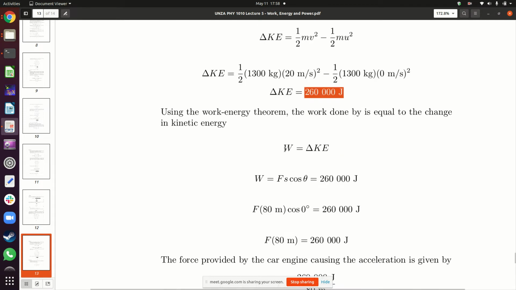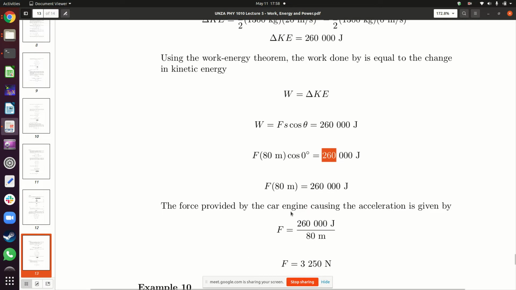So the work done is equal to force multiplied by s, then the cosine of the angle. We are assuming that the force and the displacement in this case are in the same direction. So F multiplied by 80 times the cosine of 0, and you end up having F times 80 equal to that.